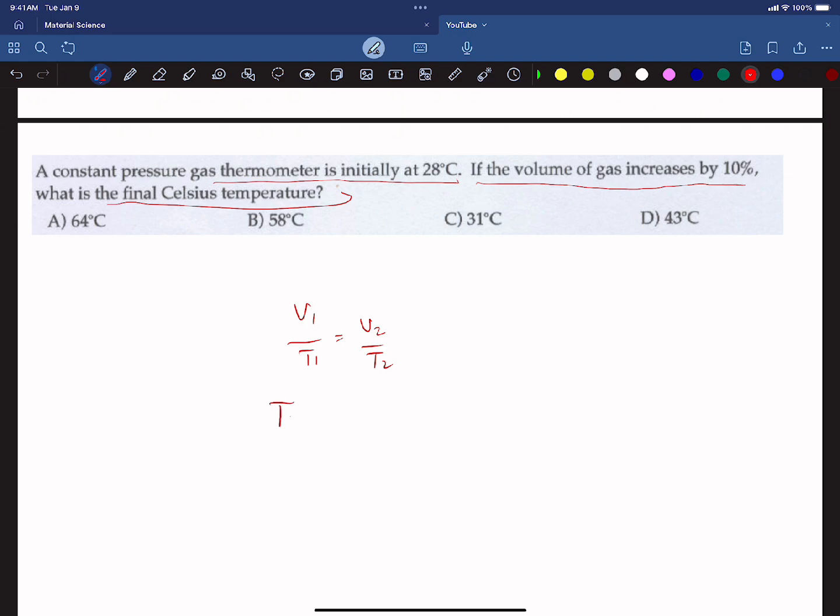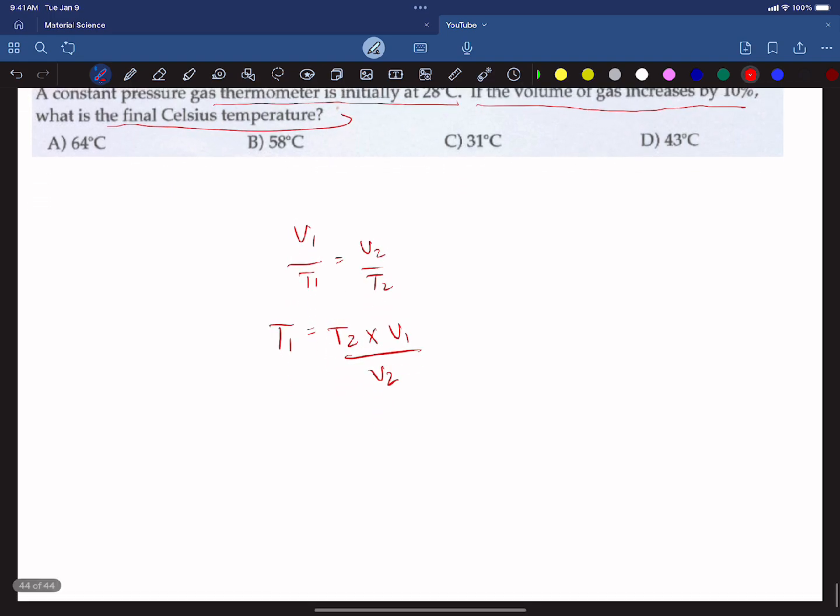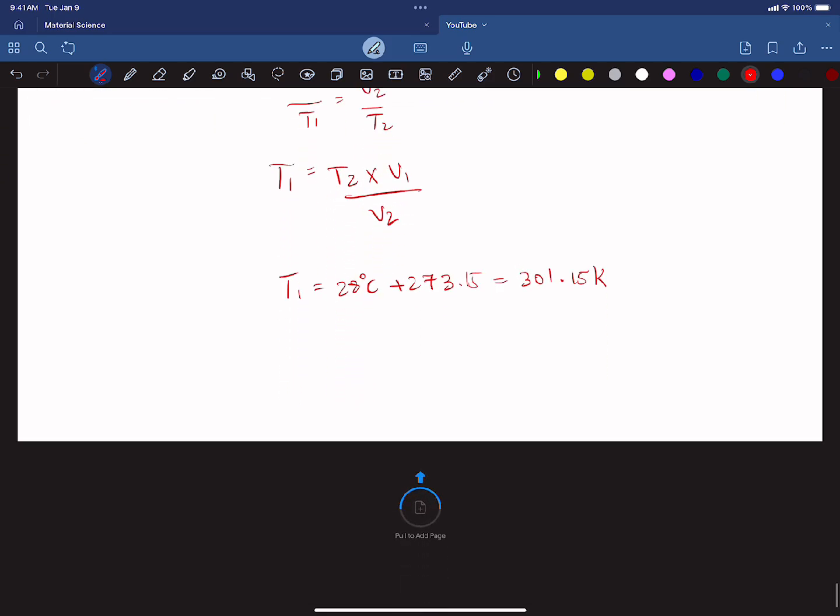So T1 is equal to T2 times V1 upon V2. T1 will be 28 degrees Celsius plus 273.15, because you have to convert it into Kelvin. All the Celsius values you have to convert into Kelvin.